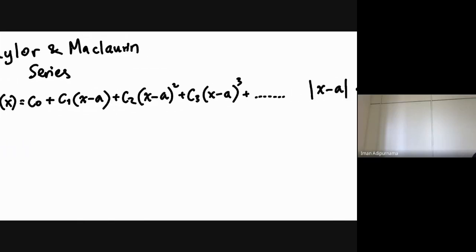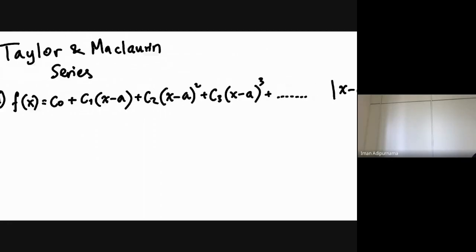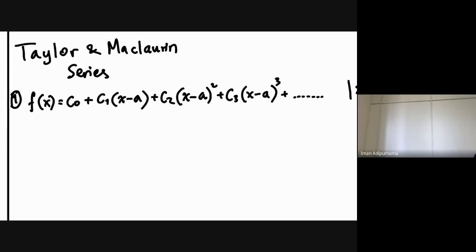So to converge, |x minus a| should be less than R. Notice these functions: if we put some value, let's say x is equal to a, then all the x minus a terms will be removed, and we can write that f(a) is equal to c0. Okay, let's write that term.